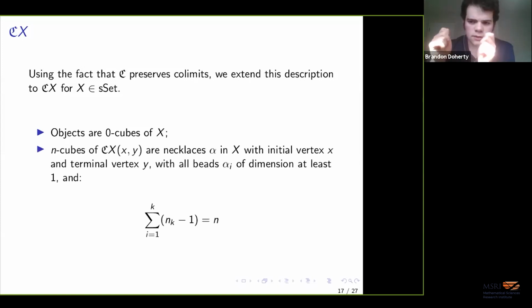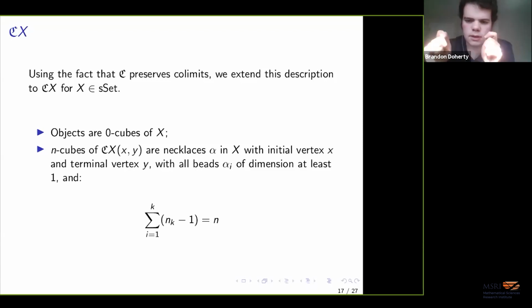And for any n, the n cubes in the mapping space of Cx, say from x to y, are necklaces in X whose initial vertex is x and whose terminal vertex is y, where all the beads, we'll say, are of dimension at least 1. Of course, if you had a 0-dimensional bead, that would be a bit strange because it would just be one of the joins.